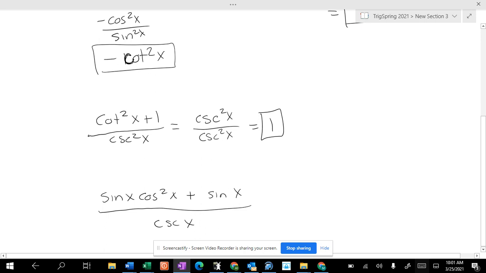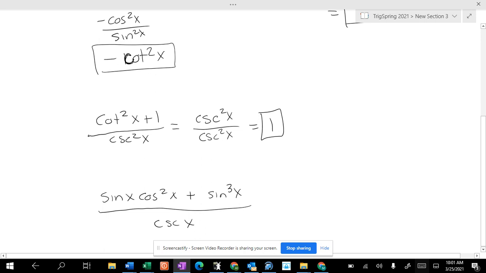This is wrong. That should be cubed. There we go. Now let's simplify this. Abby, what did you do first? That was like 2 lessons ago. We're way past that.